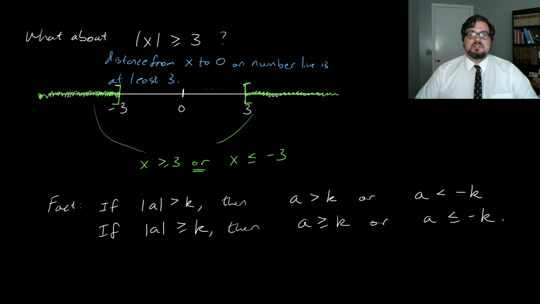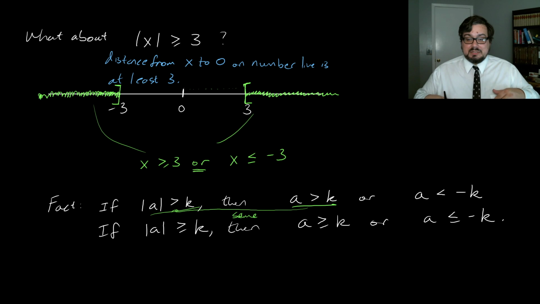So notice what's going on here when we move from the absolute value inequality to the collection of inequalities. One of our new inequalities looks the same as the original one, just without the absolute value in it.